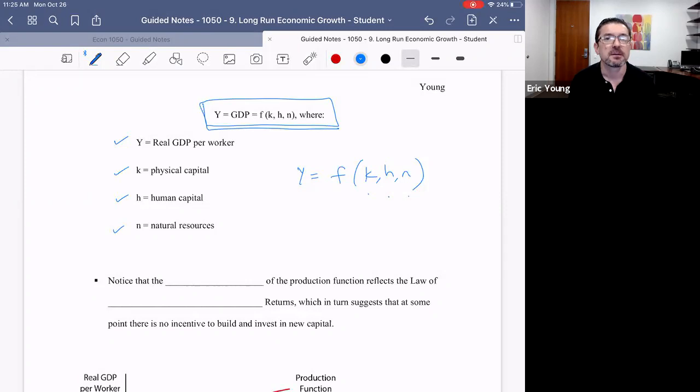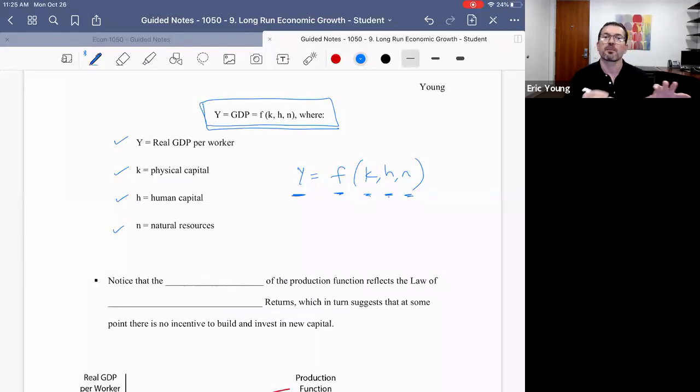All this means, don't worry about the symbols, don't get hung up on the math. All this says is that real GDP per worker, for any country, is simply a function of the physical capital, human capital, and natural resources in that economy, in that nation. Notice, my friends, there's nothing new here.